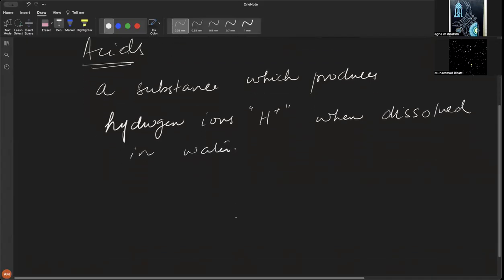Or you can also say that acids are substances that give H positive ions in an aqueous solution. All right, they give H positive ions in an aqueous solution.